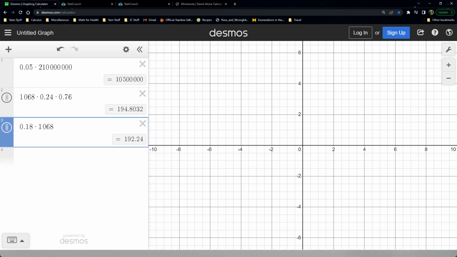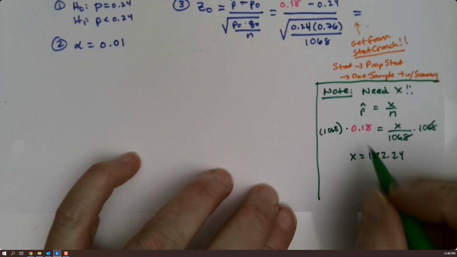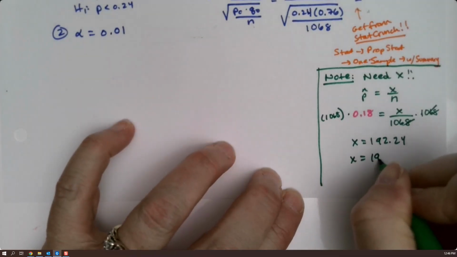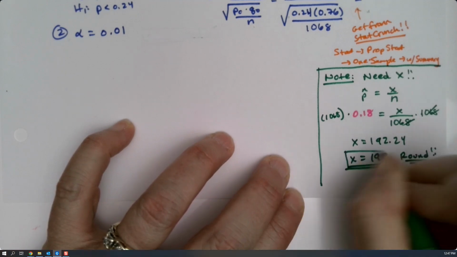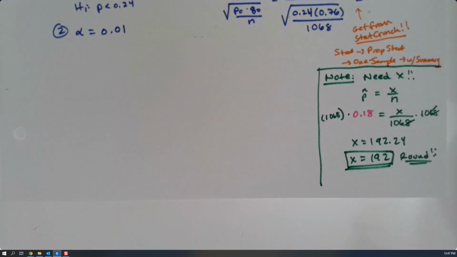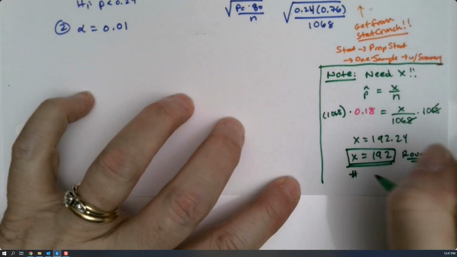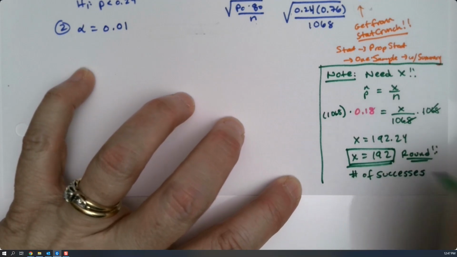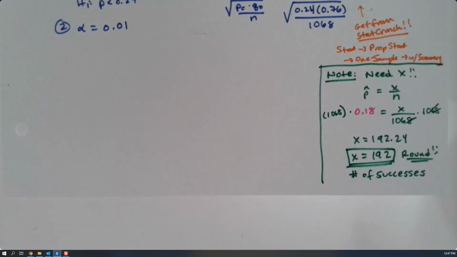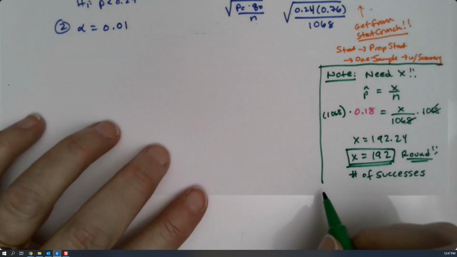Okay, so I'll write that down. But then I have to round it to the nearest whole number. Round. There we go. That's my number of successes right there. And the number of observations is n.